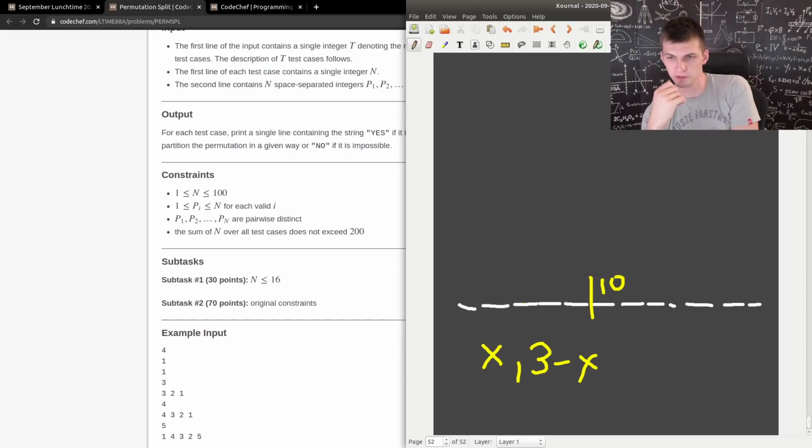In terms of differences, I want at the end the number of inversions in one sequence minus the other to be 0. So if this will be x or 3 minus x, then what I'm adding to the difference is x minus (3 minus x), so 2x minus 3.